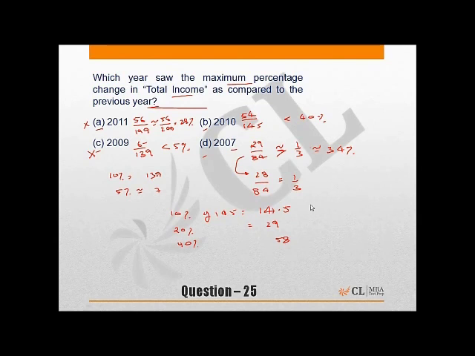What is 1/3 of 145? 1/3 of 145 will be approximately 48. So which means if the numerator was 48, this fraction would have been 1/3. But since this is significantly higher, my answer should be greater than 1/3. So the correct answer becomes choice B.